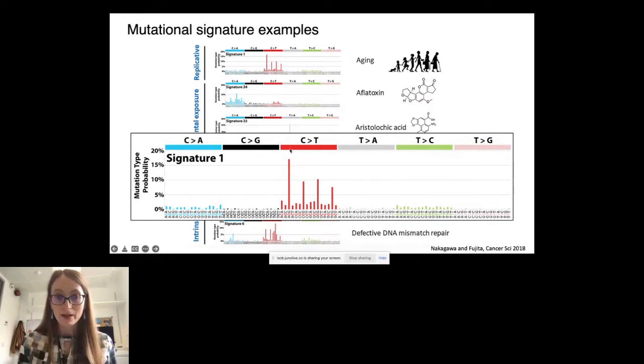And particularly, there's a high probability of having C2T substitutions in specific contexts, as you see here, when the adjacent bases are certain specified ones, and pretty much zero probability that the aging would induce any other types of mutations in the genome. So this is quite a specific pattern, and we have such patterns that have been linked with a variety of risk factors.